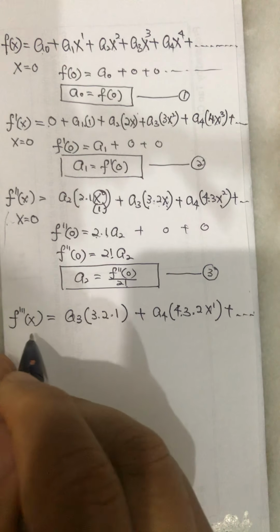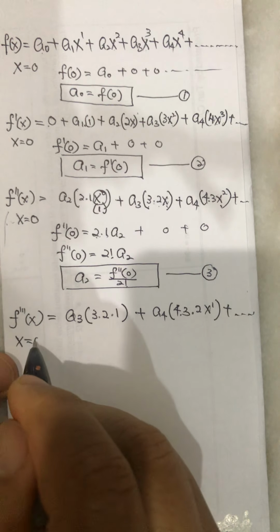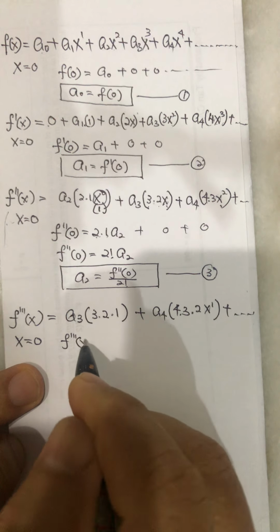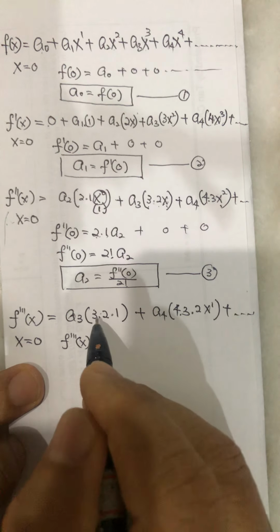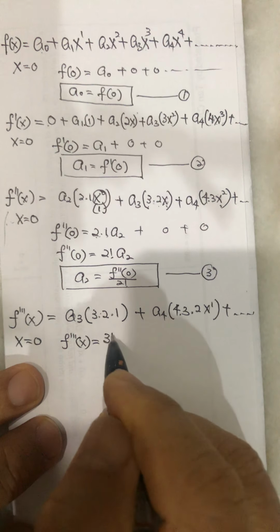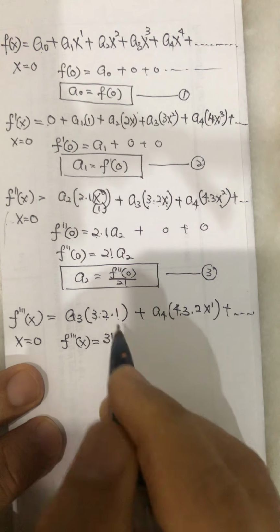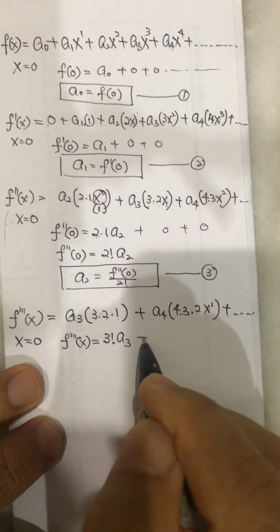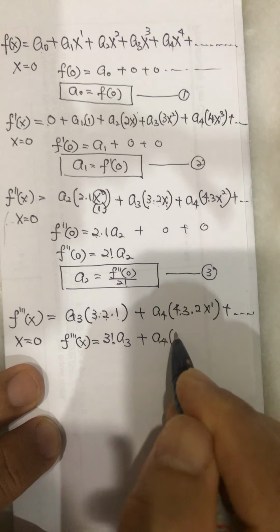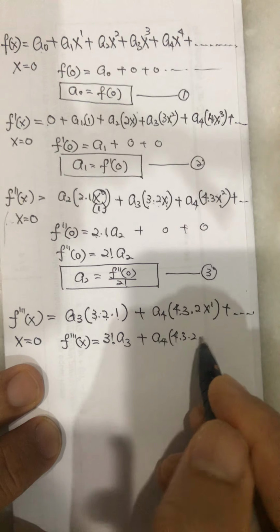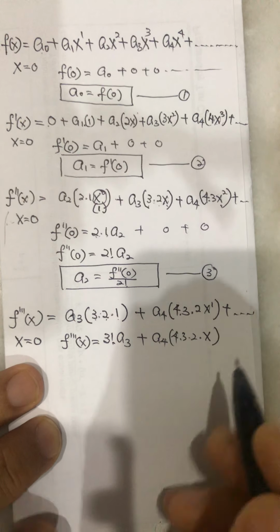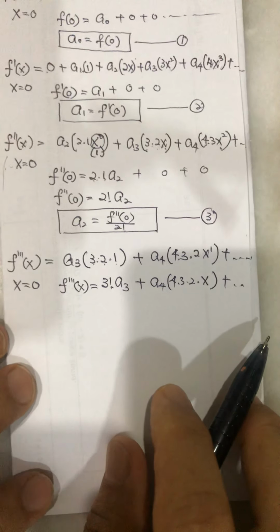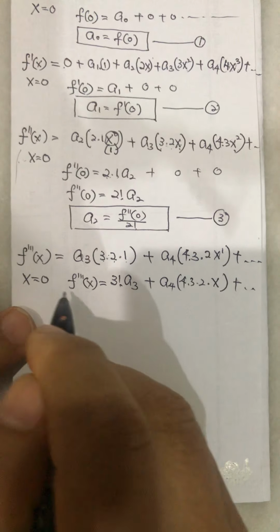Okay, here again I repeat, I substitute x equal to 0. I have f triple prime x. I will get, this is a3 factorial. This is 3 times 2 times 1 is 3 factorial, a3. Okay, and then plus a4, and then this is 4 times 3 times 2, and then x. Here again I substitute x equal to 0.